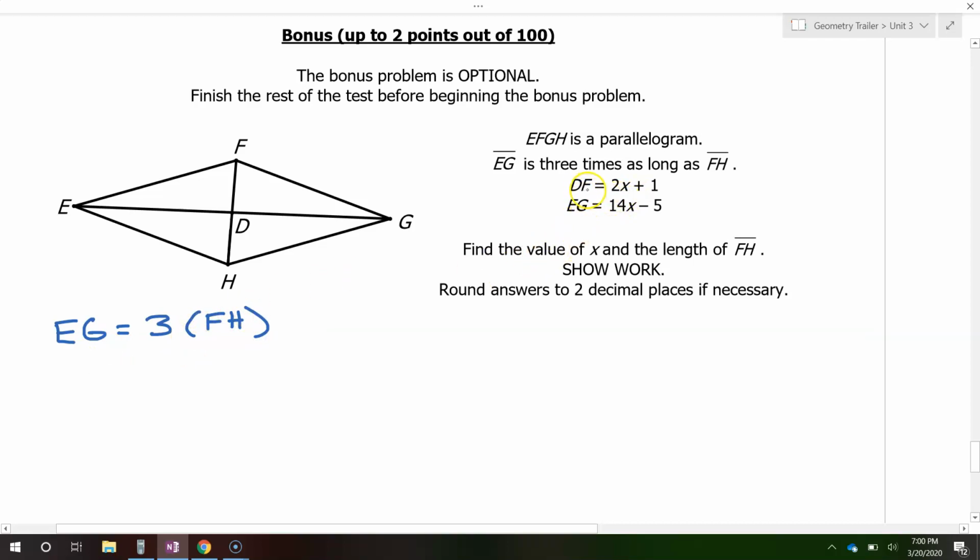Let's see. So now we have DF and we have EG. EG sounds familiar. I was just talking about EG. All right, so EG, which, by the way, is this whole thing right here. That's EG, and there's EG.